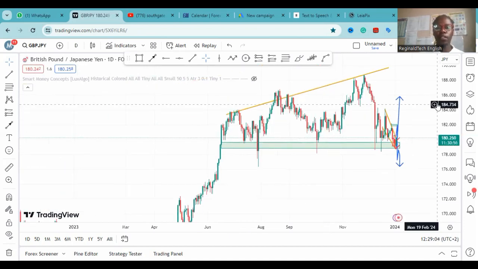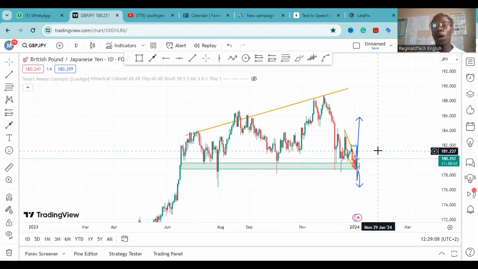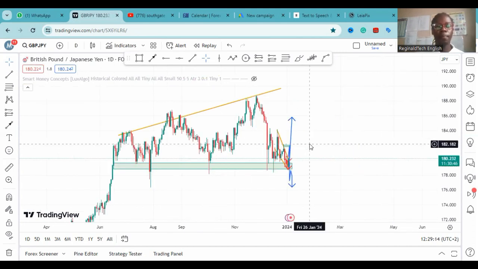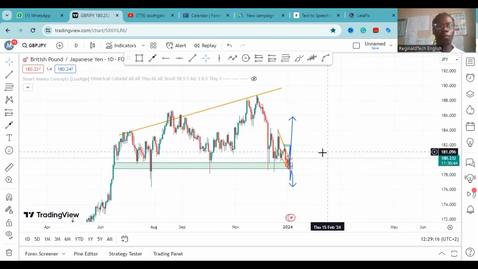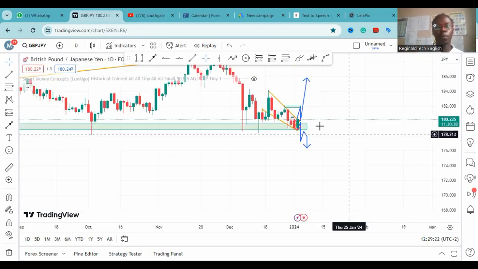So when the market is still in the support zone, then we're going to buy according to our 15 minutes confirmation direction. Okay, the other thing is we need to see that when the market breaks this structure, we are going to hold.